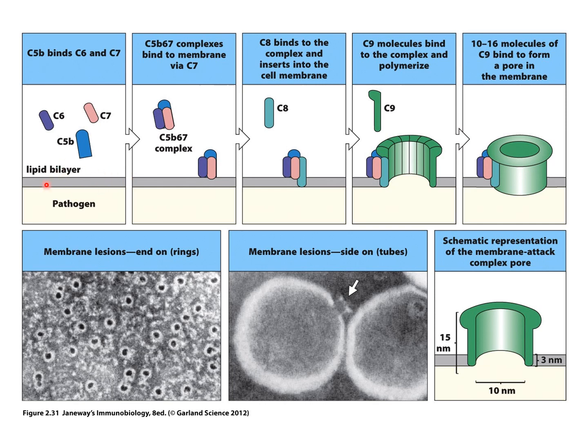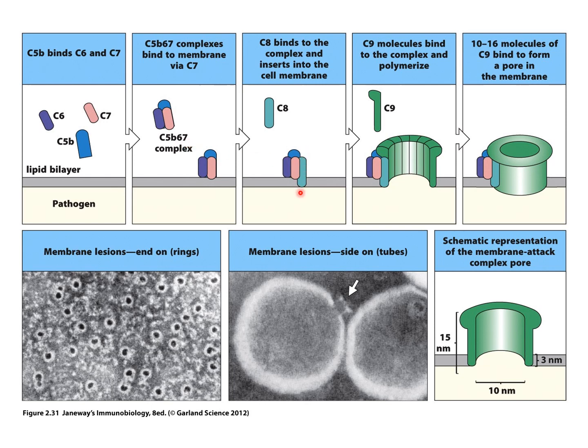Here the artist did not draw in the C3b, the C3 convertase. It's just assumed it's nearby. C5b, C6, C7 will interact with the plasma membrane. This stable interaction recruits in C8. Stable C5b, 6, 7, 8.